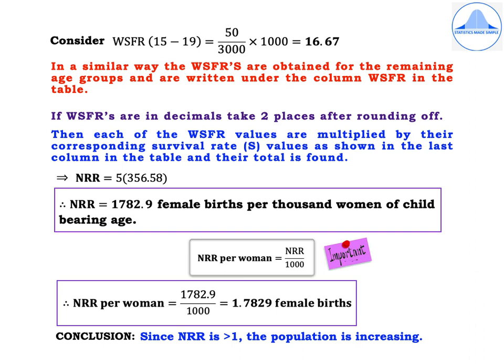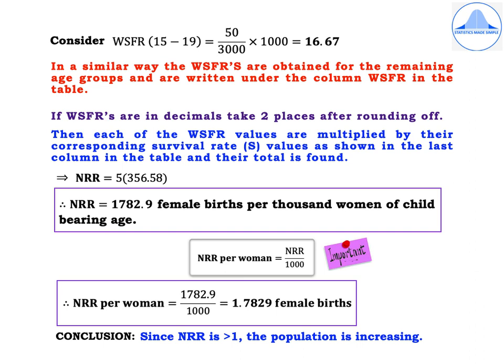Now each of the WSFR values is multiplied by its corresponding survival rate S, which is shown in the last column in the table, and then their total is found. So we get WSFR into S values as 15, 144, 109.09, 40, 26.66, 16, 5.83, and summation WSFR into S is equal to 356.58.